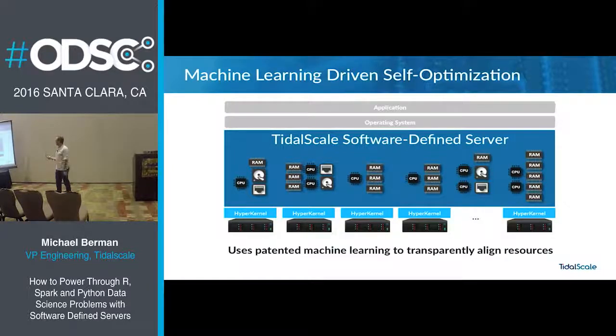We look at what's going on in the system, and we have virtual RAM and virtual processors, and they move around back and forth to optimize the throughput of the problem. So if you saw the talk or grabbed a white paper, the reason we're getting the results we get at scale is we're able to optimize the throughput of the job, your analytics job in this case, by moving the resources around.